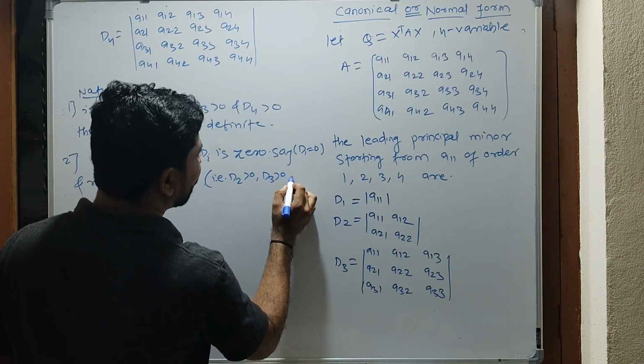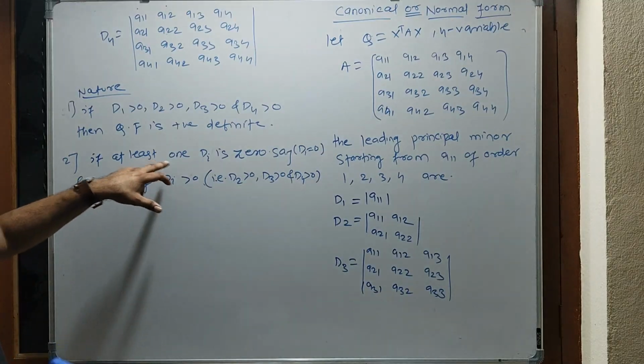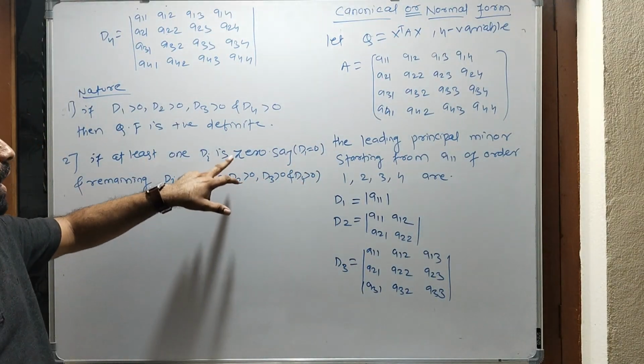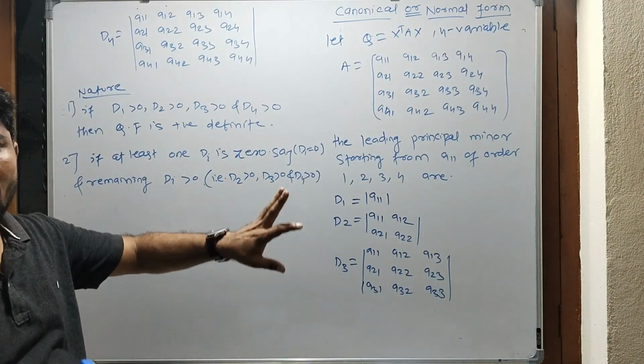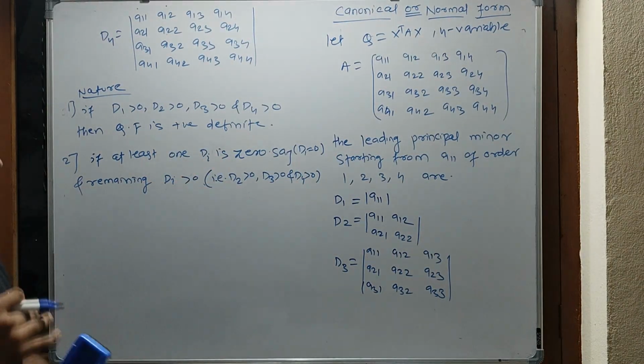Here I am taking just D1, but you can take D2 as 0 and D1, D3, D4 non-zero, or D3 or D4 as 0.